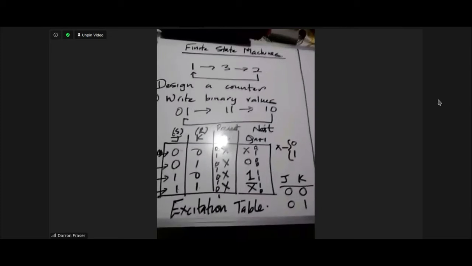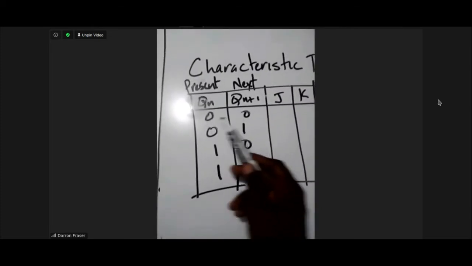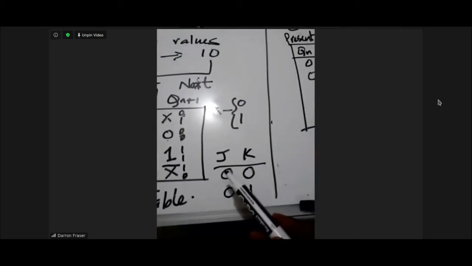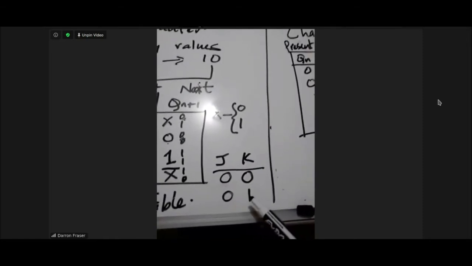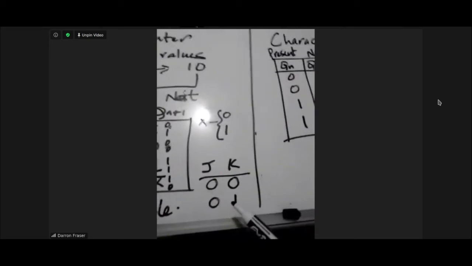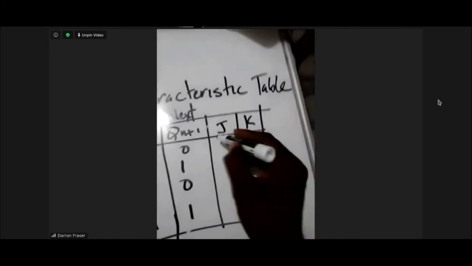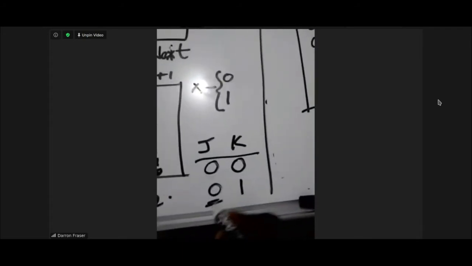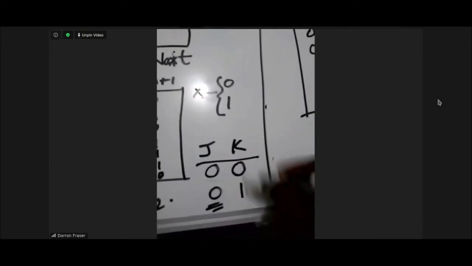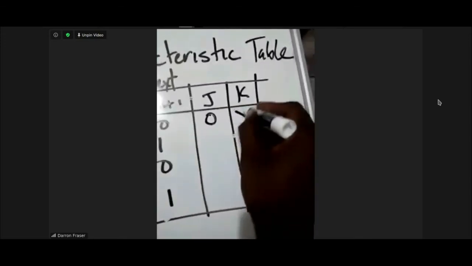If we are at 0 and remain at 0, the two conditions are J is 0 and K is 0, or J is 0 and K is 1. So how we list that in the table is that we say J has to be 0 and K we don't care, because it's either 0 or 1. So write it like this, 0, don't care.